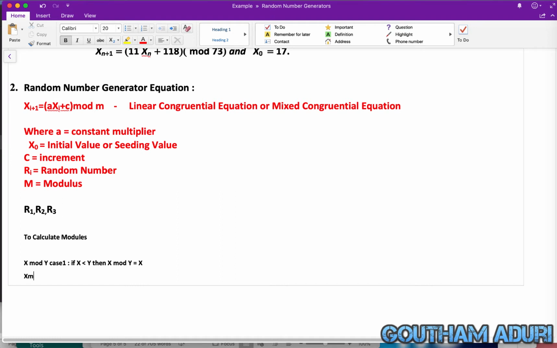Second, case 2: if x is equal to y, then x mod y becomes 0.